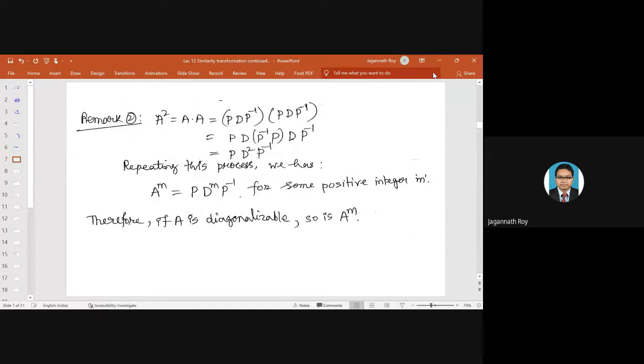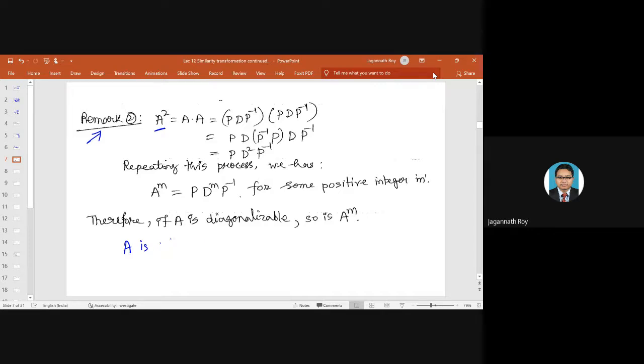Now another beautiful result for similar matrices. A is similar to A itself. If this is a diagonal matrix, then A is similar to a diagonal matrix, A is diagonalizable.